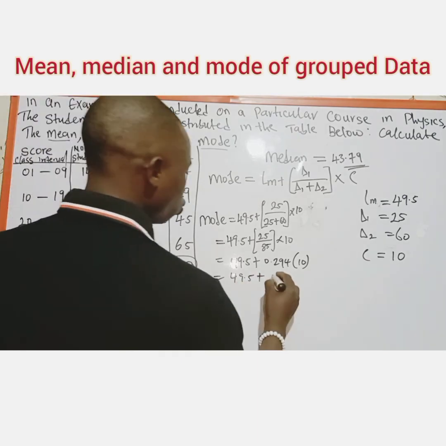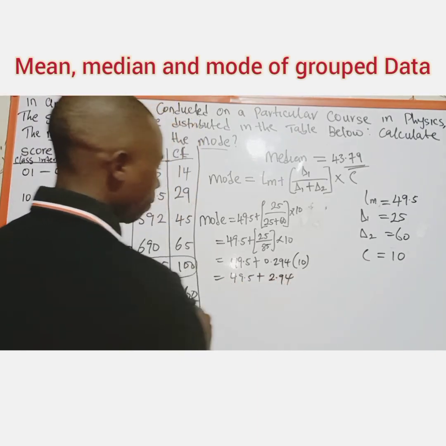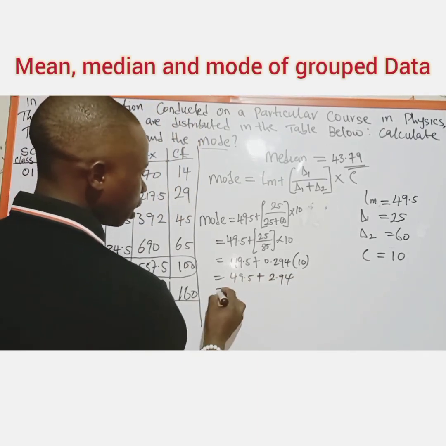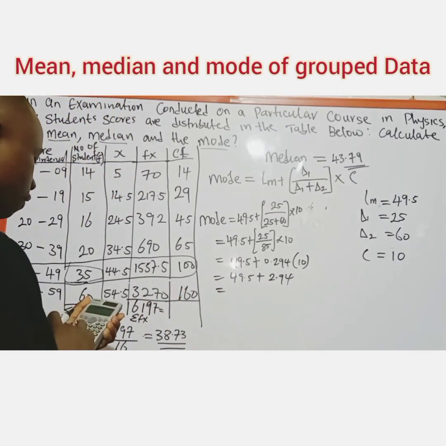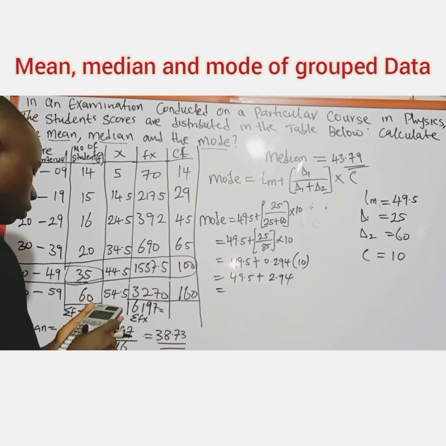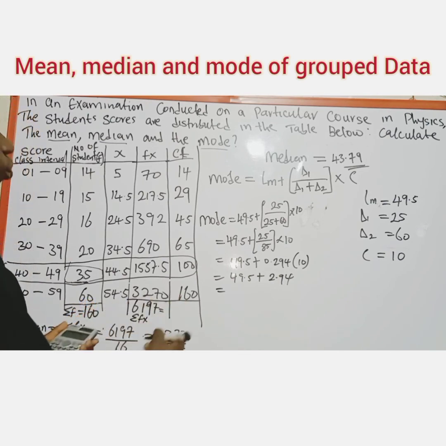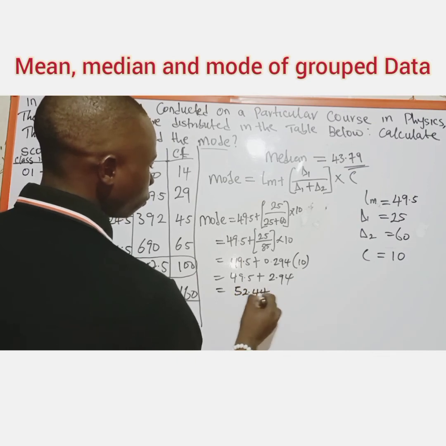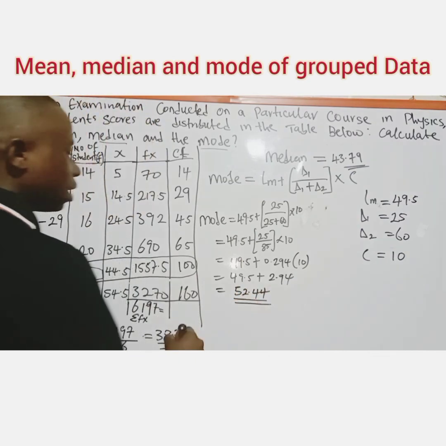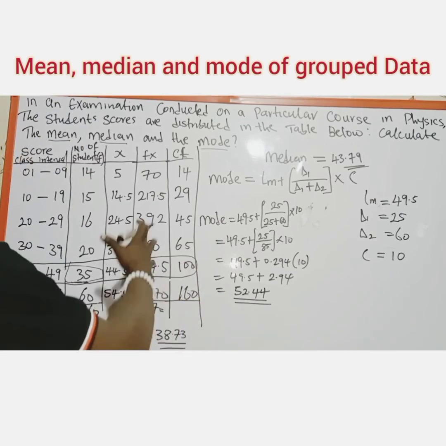It will give me 2.94 approximately. Then we can add this together: 49.5 plus 2.94 will give me 52.44. So this is my mode in this grouped data.